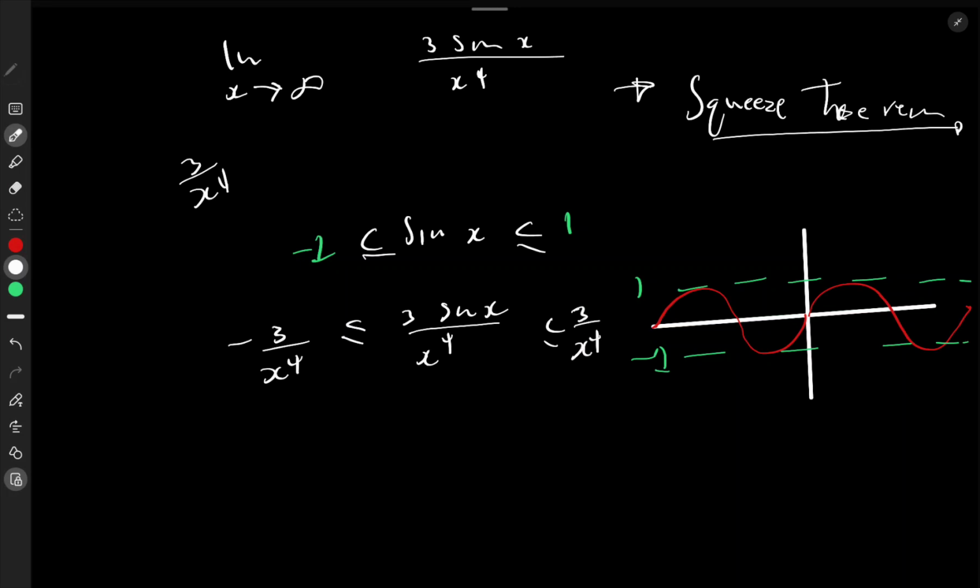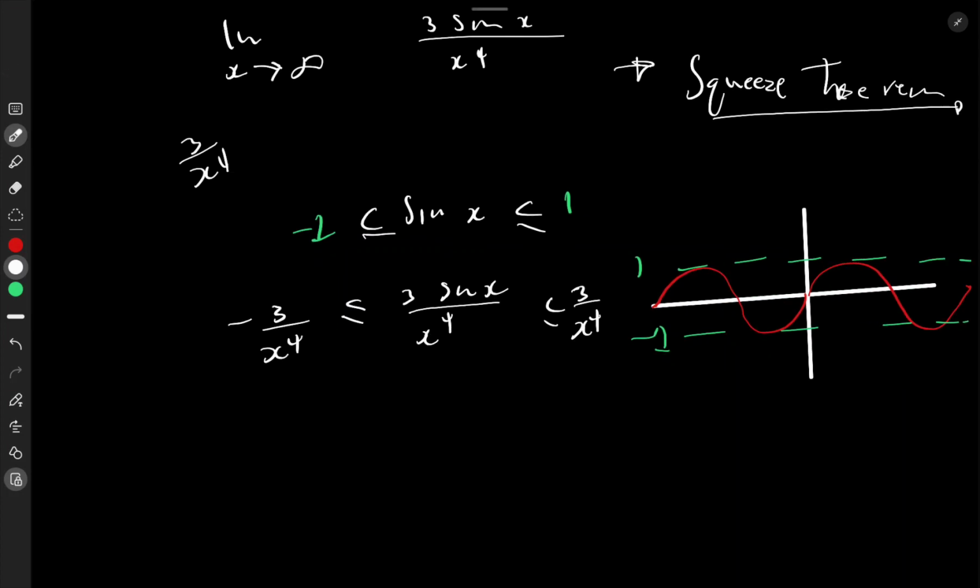We know that now this function that we are required to find a limit for is enclosed, or between, these two functions. Squeeze theorem says if we can find the limit of this one and the limit of this one and discover that these limits are the same, that means the in-between function has the same limit.